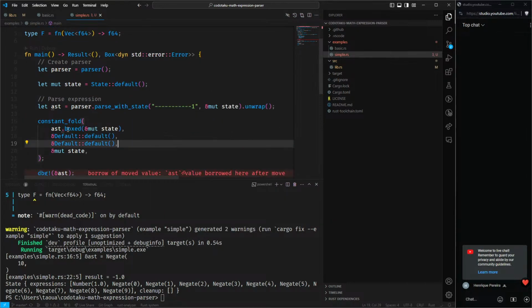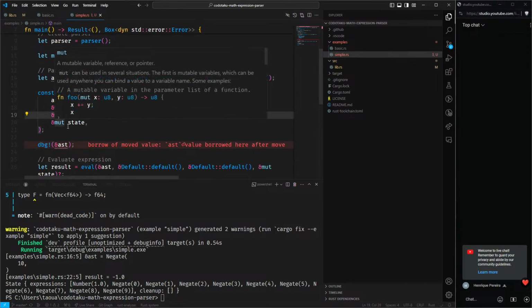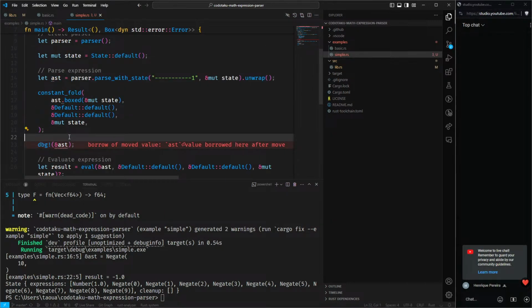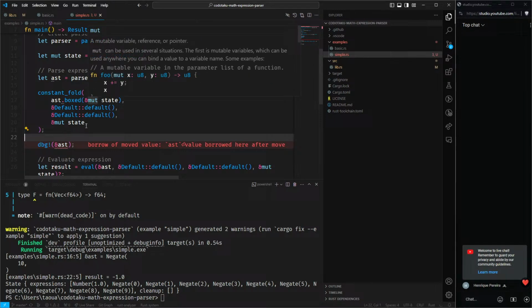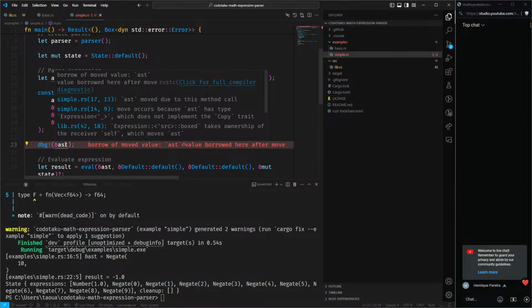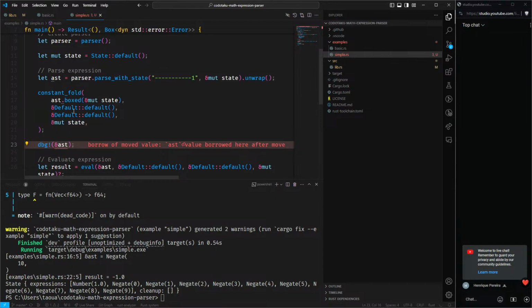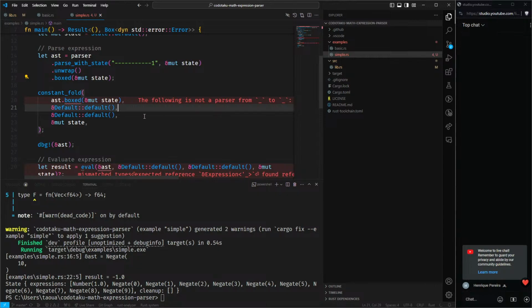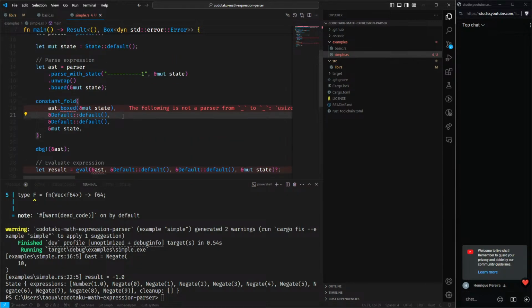But then, of course, it's not going to like it, because we're having multiple mutable references first of all here, and here we're actually borrowing off a moved value because the AST got moved when we boxed it. The right way to go about this is to simply say boxed here instead. Boxed here, right? And here you would pass the AST.